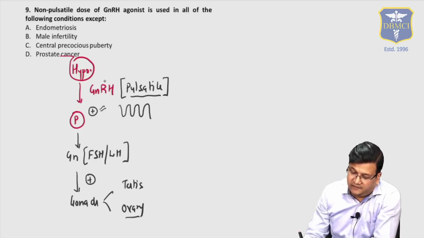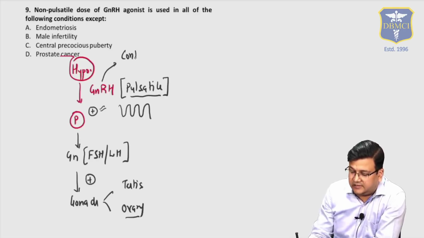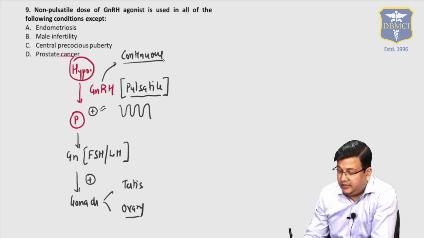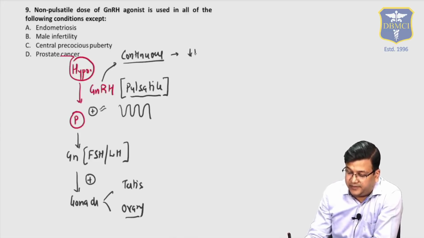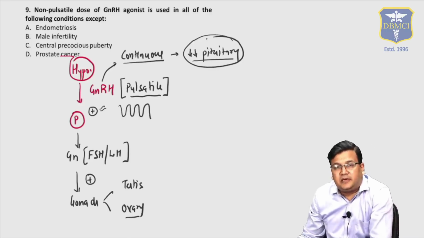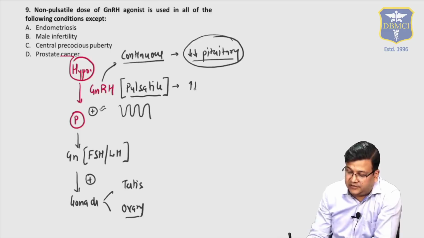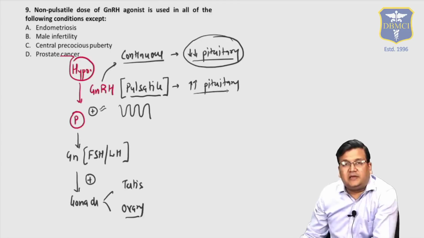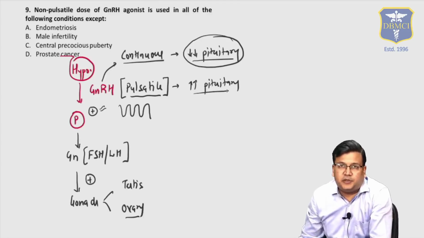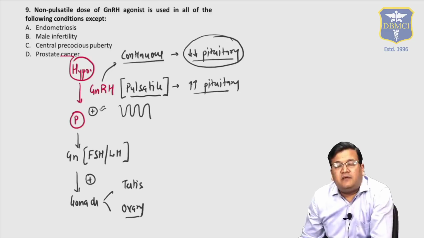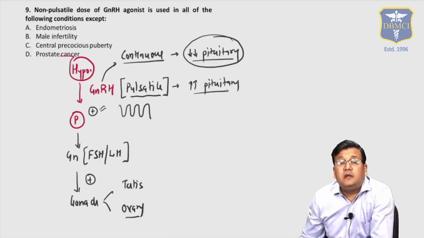However, if they are present at a continuous or sustained level in the body, then they will have the opposite effect. They will suppress pituitary function. So that discovery was made, that pulsatile secretion will stimulate the pituitary, while continuous or sustained presence will suppress the pituitary. Based on this, we can have pulsatile or non-pulsatile administration for treatment of various conditions.